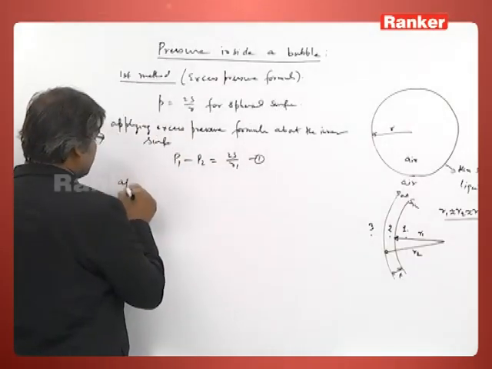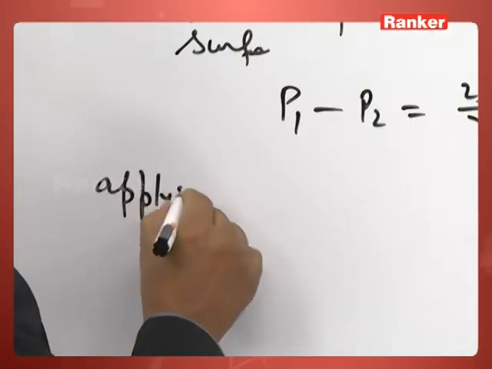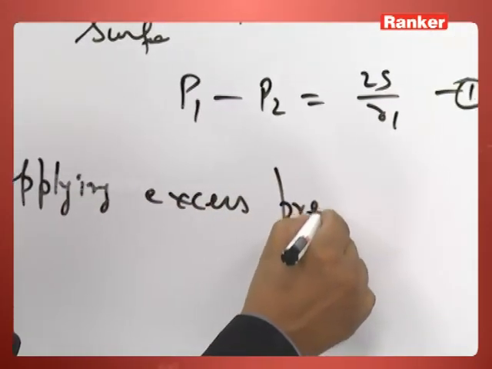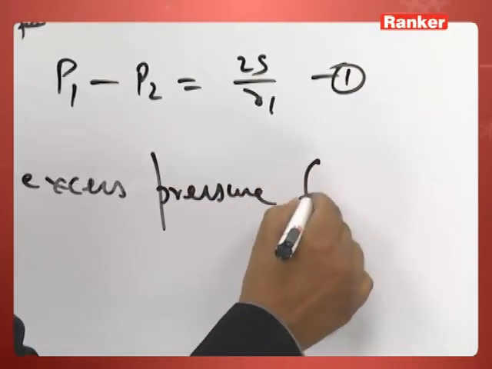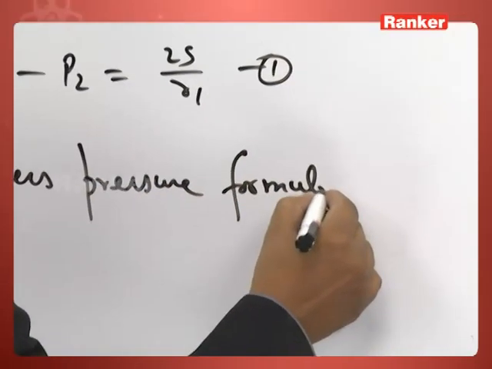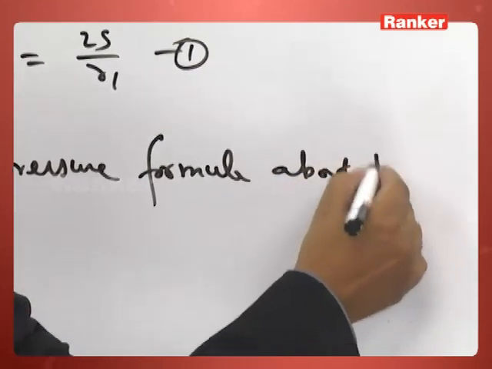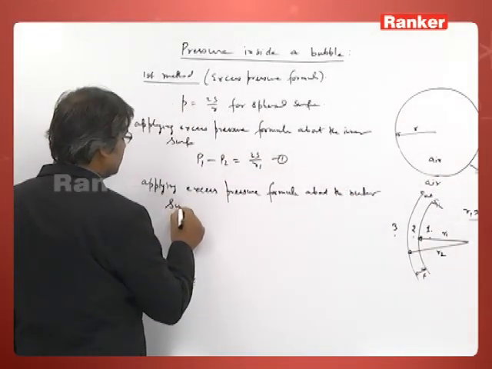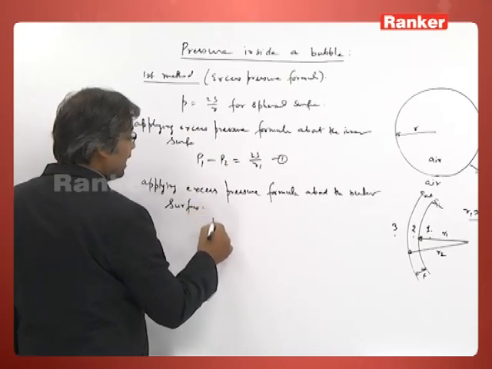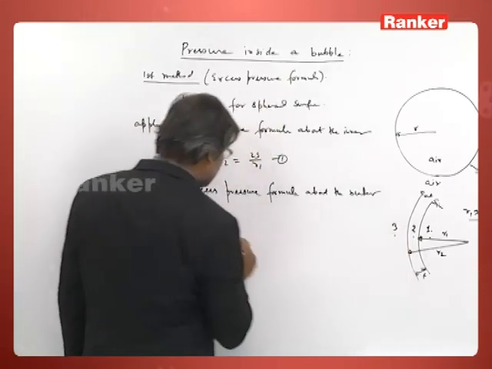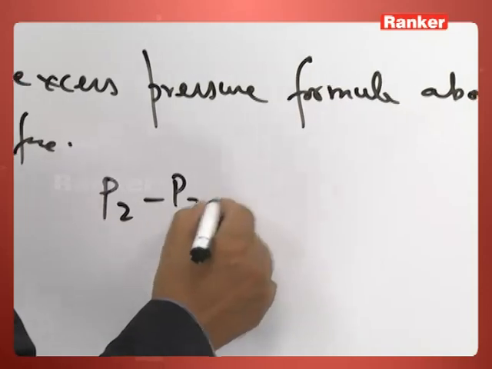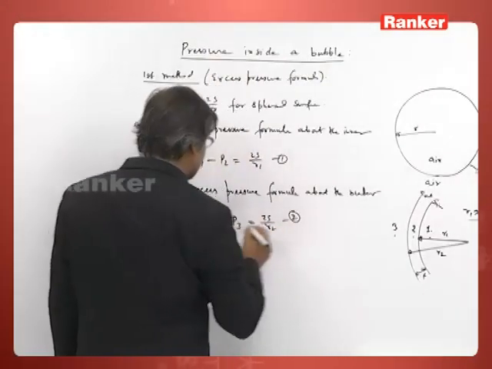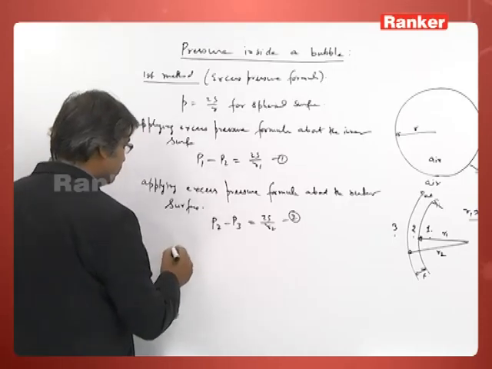Now, applying the excess pressure formula about the outer surface, we have P2, the concave side, greater than P3 by 2S by R2. Now let us add up 1 and 2.